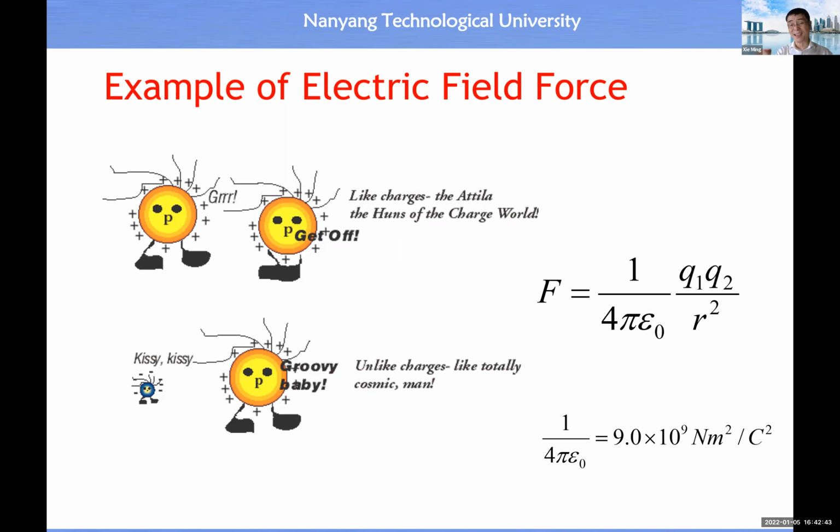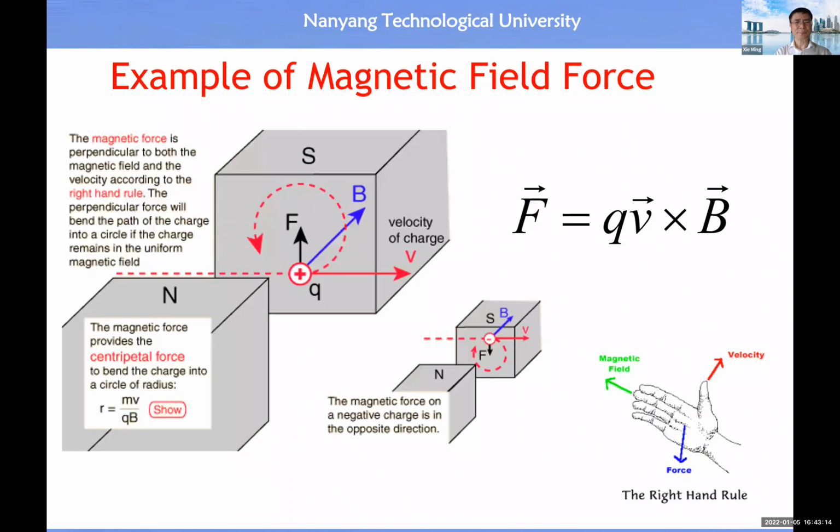This interaction force is proportional to the charges of this pair of entities and inversely proportional to the distance squared between these two charges. In front, we have a coefficient, and 1/4 pi epsilon 0 is equal to a value that is quite easy to remember: 9 times 10 raised to the power 9.